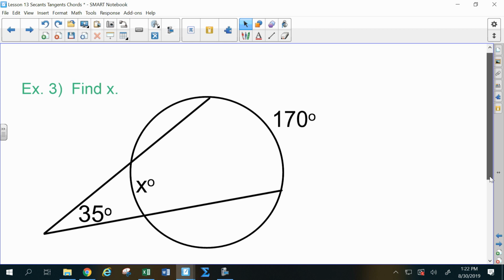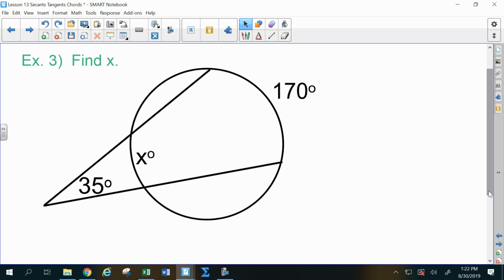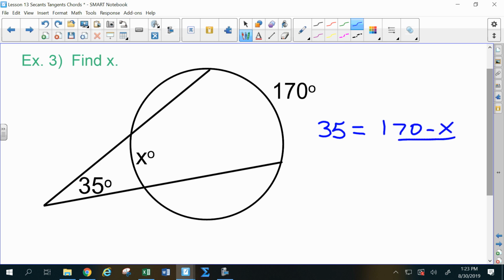Okay, this one, a little bit of a twist. They cross outside. Angle, so will the formula be plus or minus? Minus. We need angle equals. What is the angle on this one? It is 35. This is one that I was talking about. You do not just put x equals. Angle equals. Then we can do (170 minus x) divided by 2.